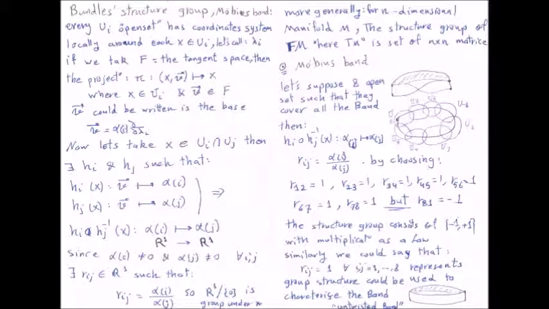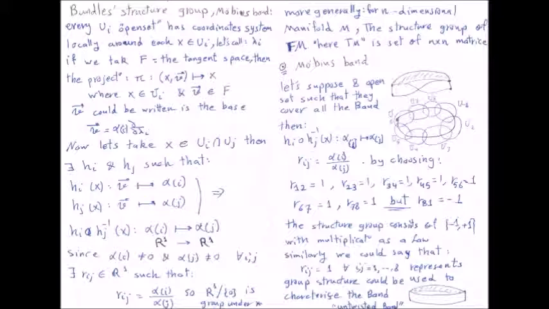Then there are two homeomorphisms, HE and HJ. HE connects a vector with the coefficients used to represent this vector, and the other homeomorphism connects the same vector with another coefficient, because this element is in the intersection area.